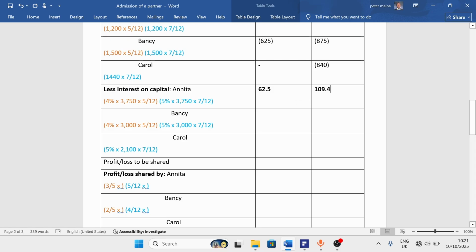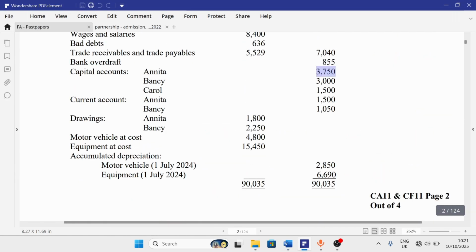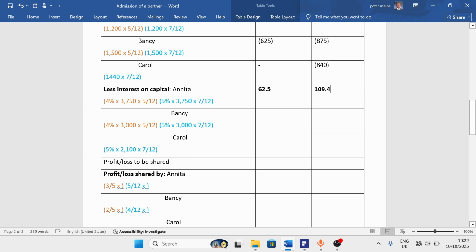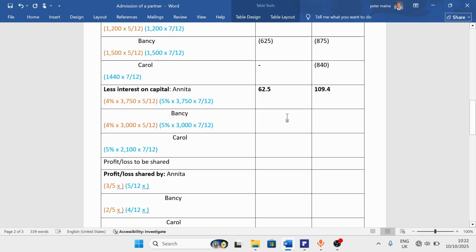Next, we go to Banse. In the question, in the trial balance, the capital for Banse is 3,000. We are going to use the same rates and the same apportioning method to get the interest for each period. So in the first period, we take 4% of 3,000, and then we take interest for 5 months only.